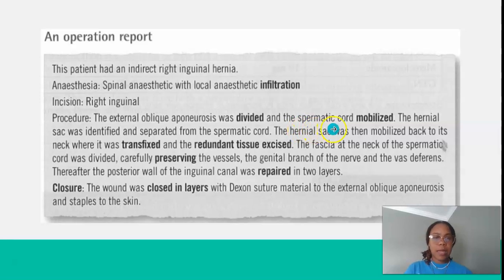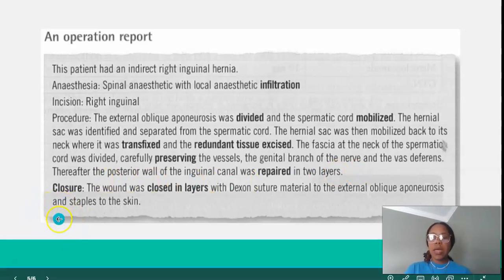The fascia at the neck of the spermatic cord was divided, carefully preserving the vessels, the genital branch of the nerve, and the vas deferens. Thereafter, the posterior wall of the inguinal canal was repaired in two layers.